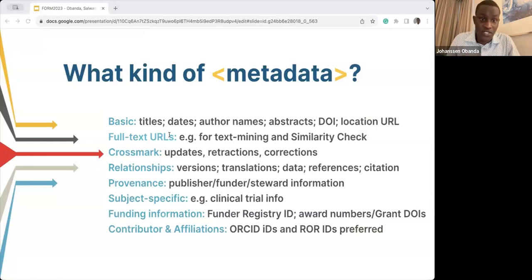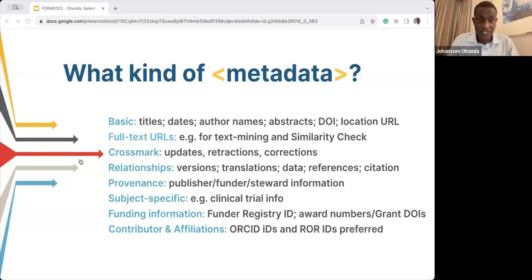We also collect additional data about the item being registered, and this can include reference list, funding data, ORCID IDs, license data, clinical trial information, abstract, and data about relationships between items. Information on errata, retractions, updates, and more can be registered through our Crossmark service.